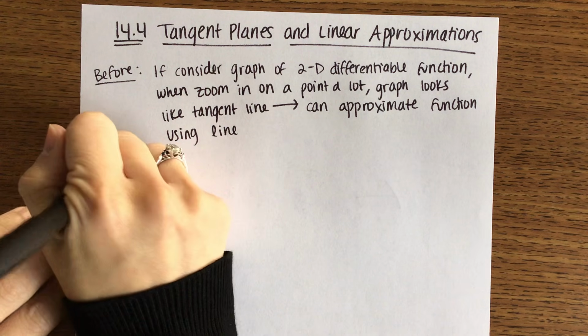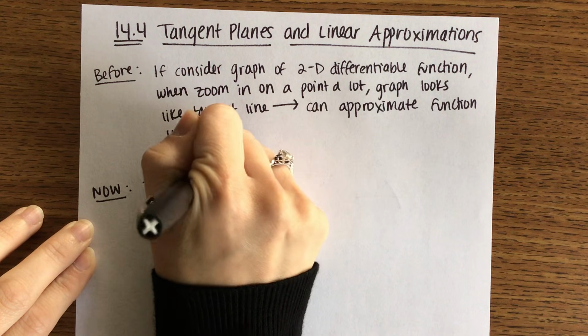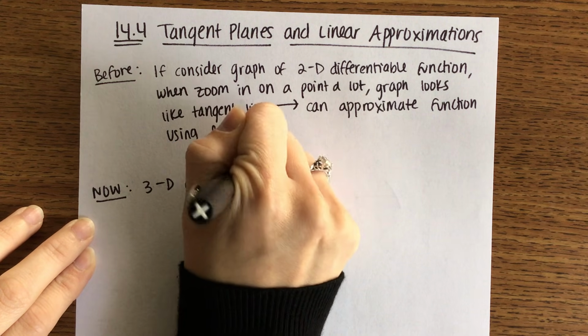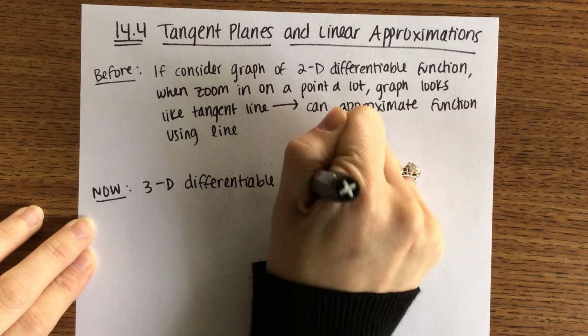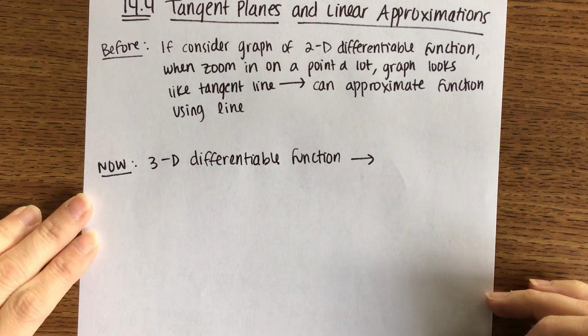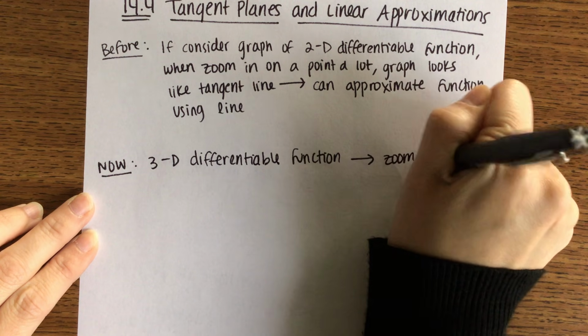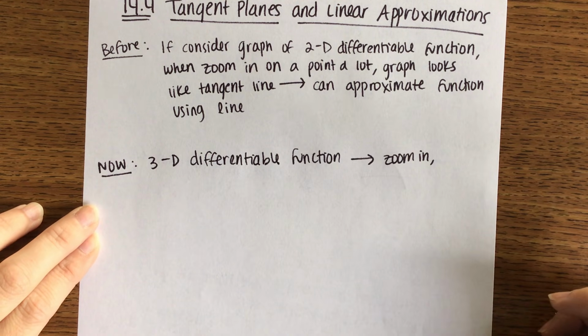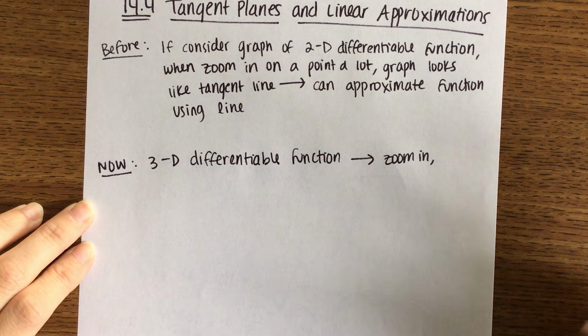Okay, so here's what we're going to talk about today then. We are looking at 3D differentiable functions. If we pick a point on our three-dimensional function and we zoom in a lot, it no longer looks like a line. What does it look like? A plane.